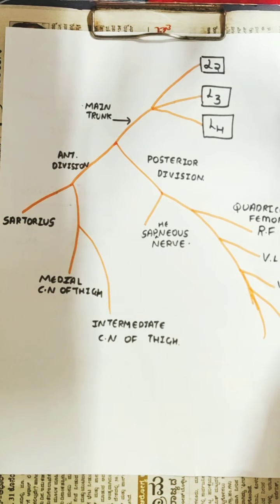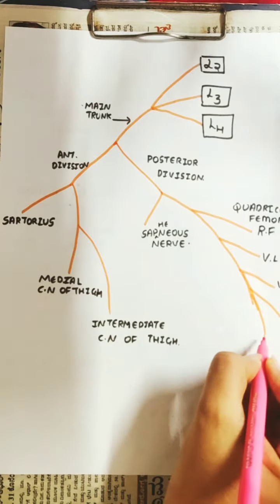There are also two important articular branches which arise from the posterior division. You should know about them. That is the articular branch of the hip joint as well as the articular branch to the knee joint.